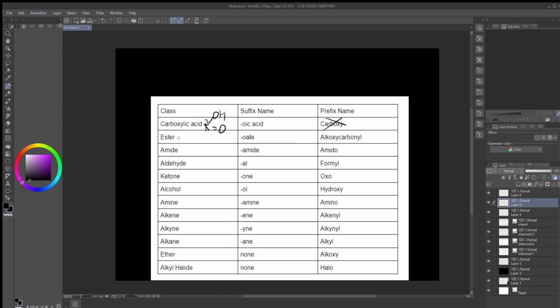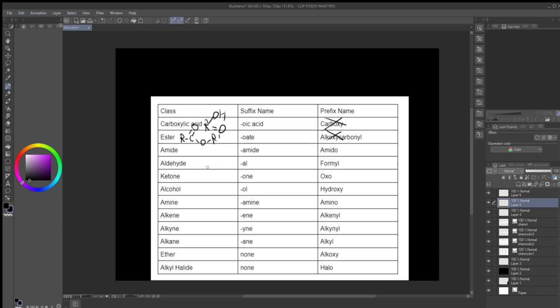And then we have esters. Esters are basically a carbon main chain, double bonded to an O, single bonded to another O, which is single bonded to a second carbon chain. And the suffix is -oate, and you will rarely use the prefix.